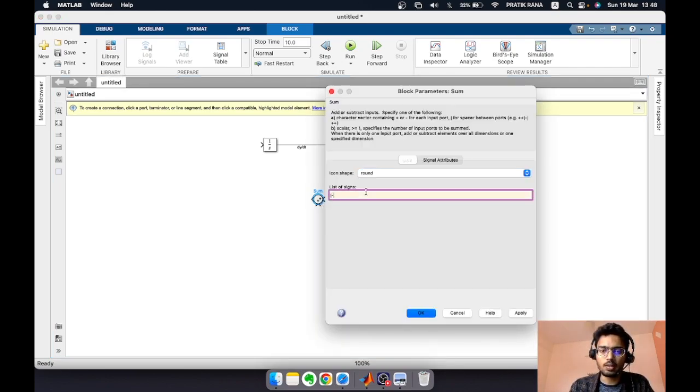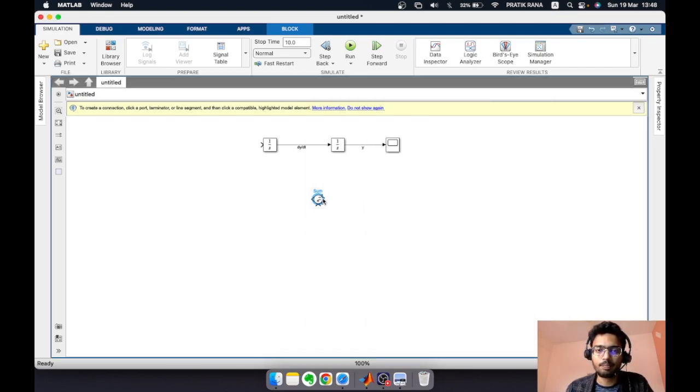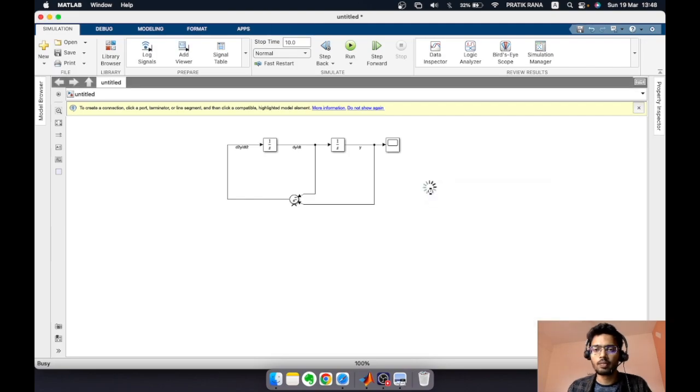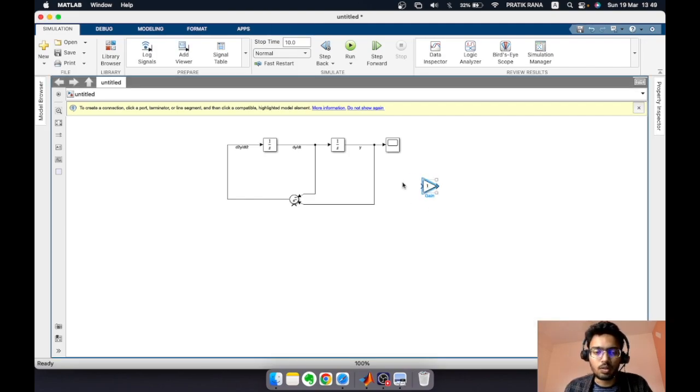We need 2 minus signs and 1 plus sign. So the final output will be d2y by dt square. We'll write it here. One signal is coming from here, minus dy by dt, and one is minus 5y, and so this is y, and we need a gain block in between. So we have the gain block over here. The gain value should be 5.